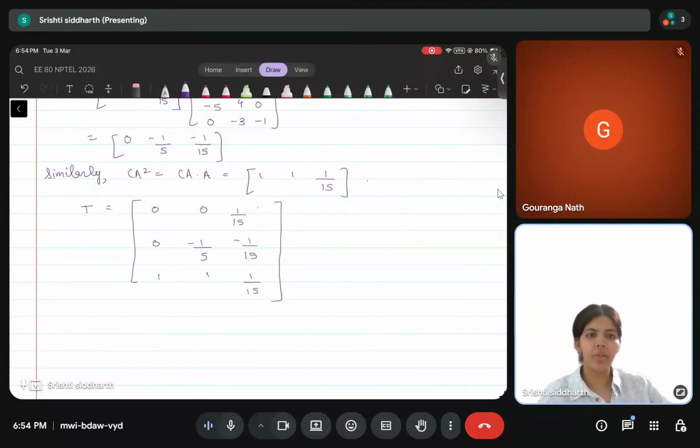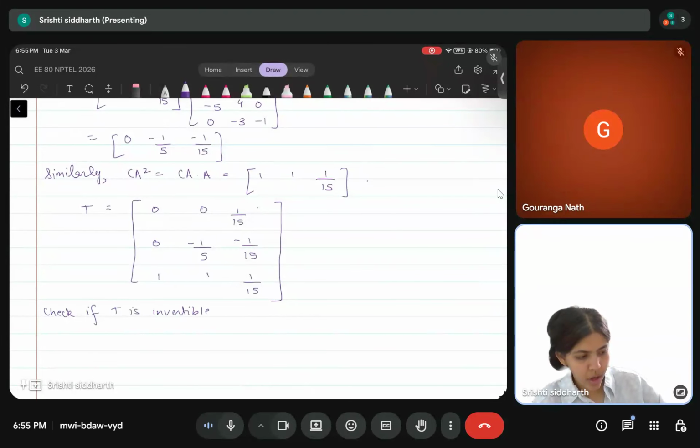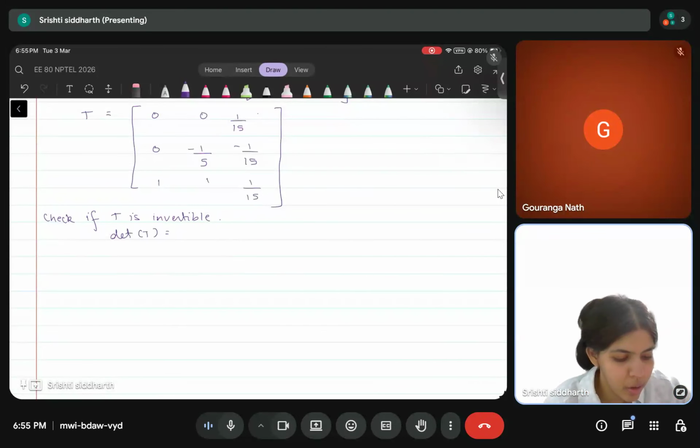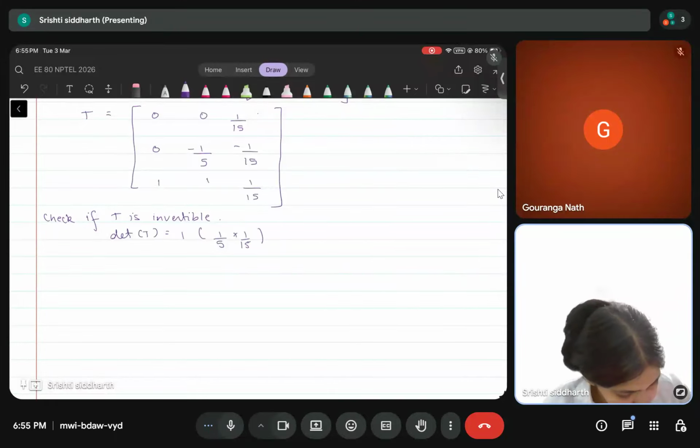So the first check should be, is T invertible? How do you do that? You check the determinant of T. We can expand along the first column and simply get 1 times 1 by 5 into 1 by 50.